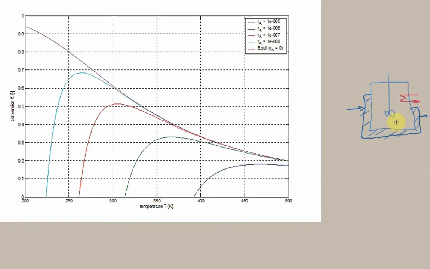So this means we could, if the system is responsive enough, in other words, if the thermal lag is fairly low, then we could control the temperature quite precisely. So what that means is that we could be at some stage, let's say we've reached this point in the batch reactor.